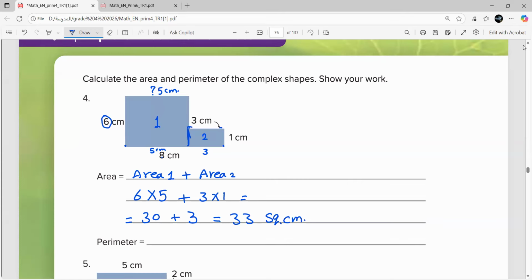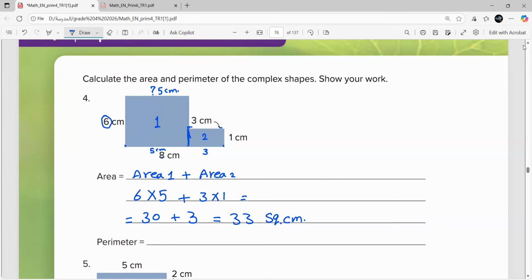What about the perimeter? The perimeter here is adding the sides together. 6 plus 5 plus what is this? Okay, so this is 1 centimeter.